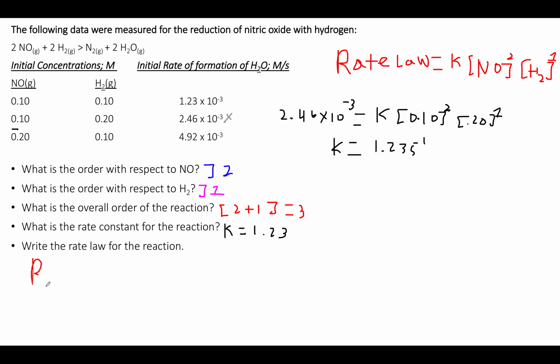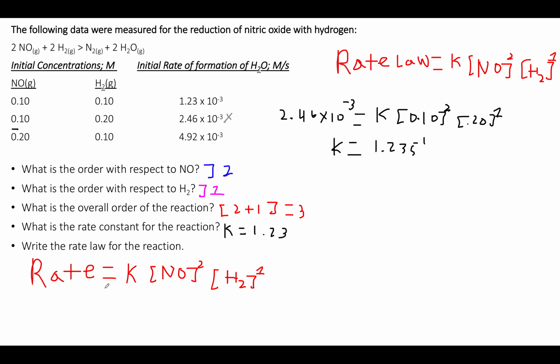The rate, and this could be a lot of different rates, so you don't write a specific rate, would equal K times the concentration of NO raised to the second power, because its order with respect to NO is 2, and the concentration of hydrogen gas, which is order 1.